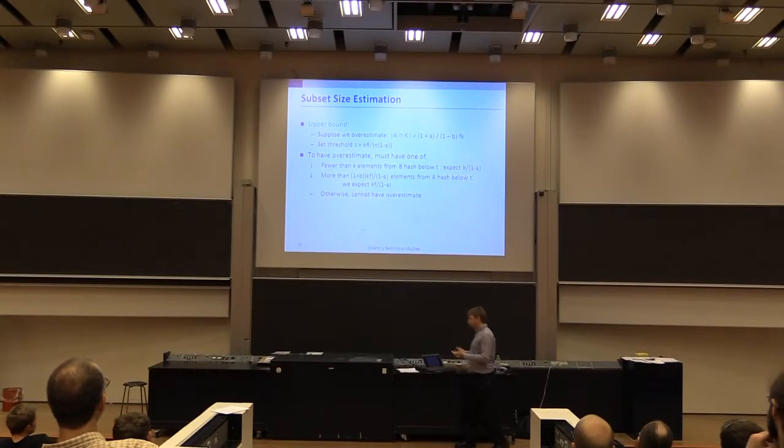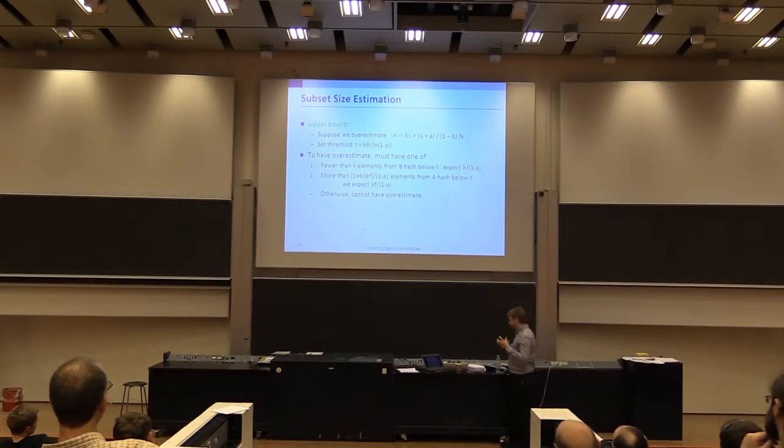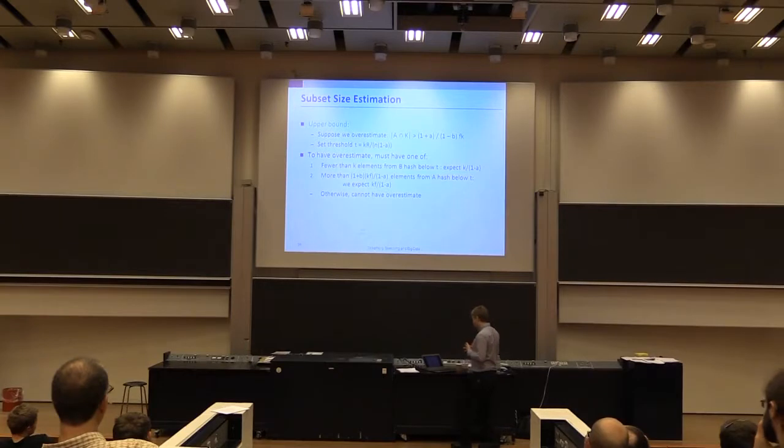So what we can do, though, is essentially pick some middle point and argue that we're unlikely to have too few elements from the original input hashed below some threshold, and we're unlikely simultaneously to have too many elements from the target sample set hashed below that threshold.